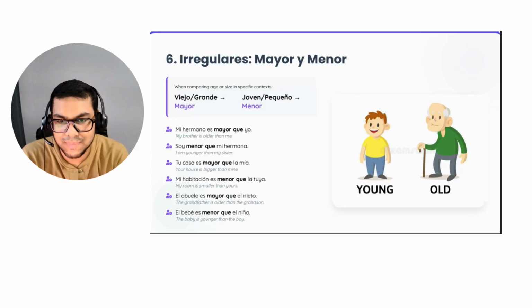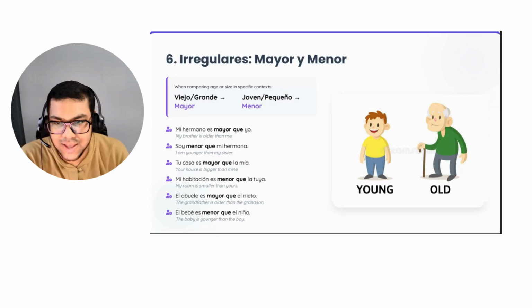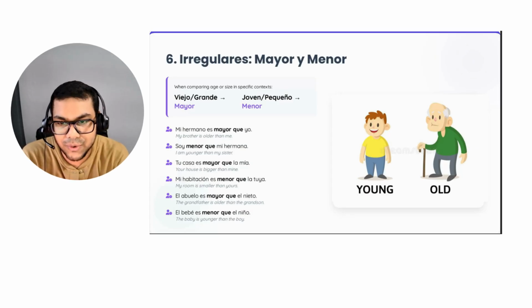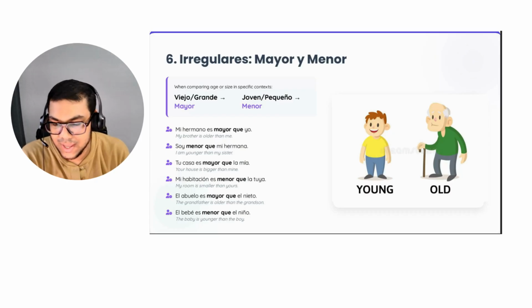Your house is bigger than mine, but it actually means your house is older. As you can see there as well, viejo or grande, right? Viejo means old and it becomes mayor, and joven or pequeño means small and it becomes menor. So grande, más grande que would refer to the size of it, and mayor que more or less refers to the age of it.